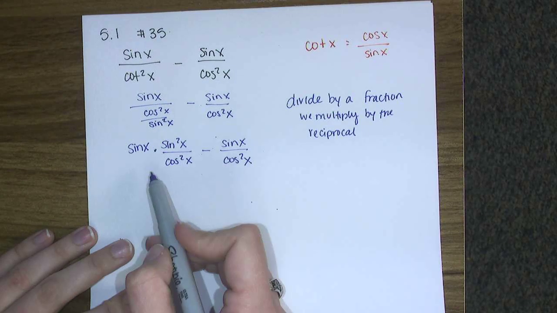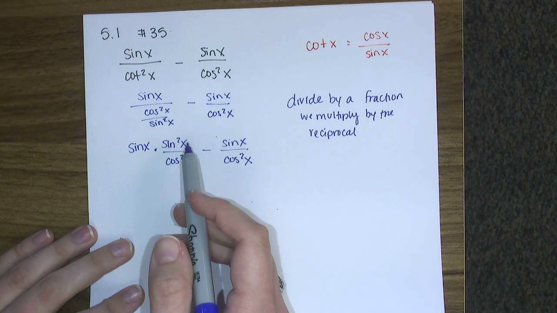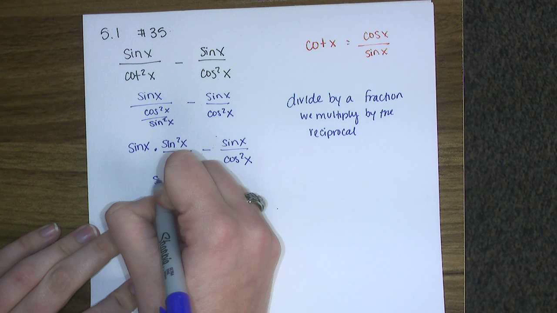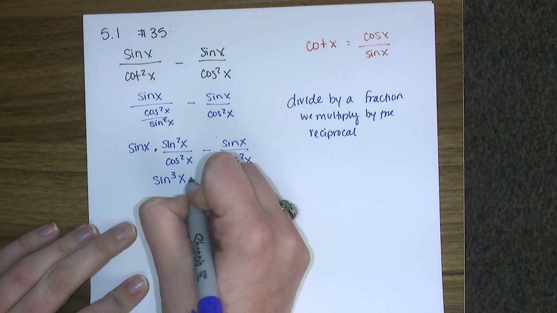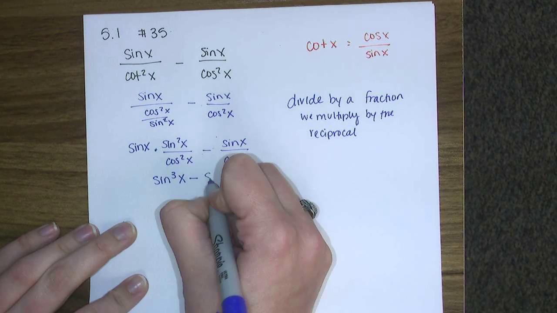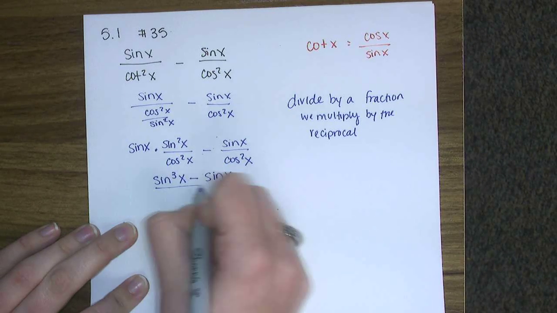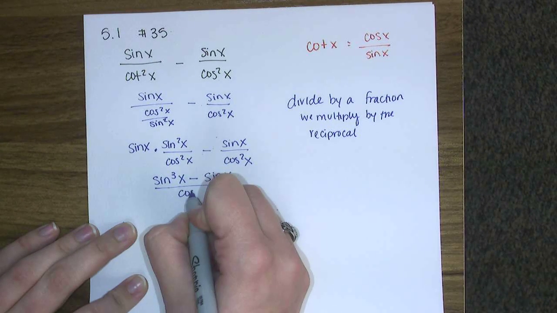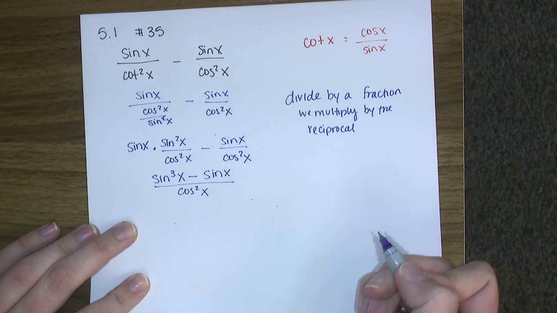Then we can multiply sine of x times sine squared of x, giving us sine cubed of x minus sine of x all over cosine squared of x. Since they have a common denominator, I went ahead and combined them.